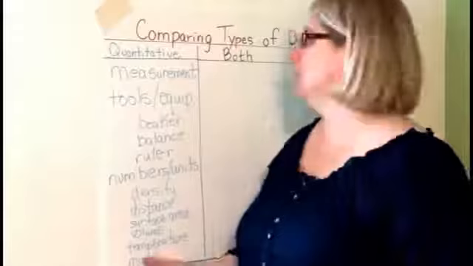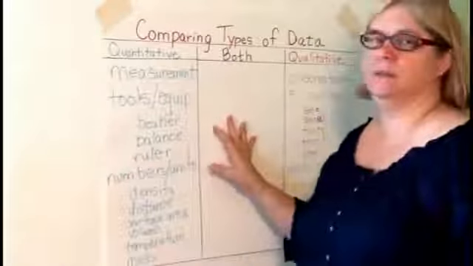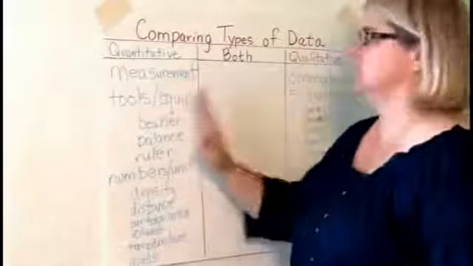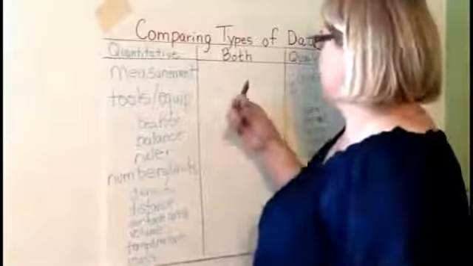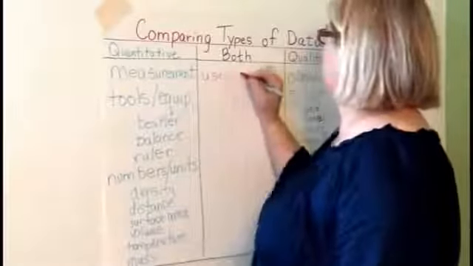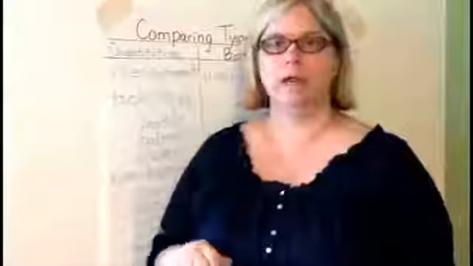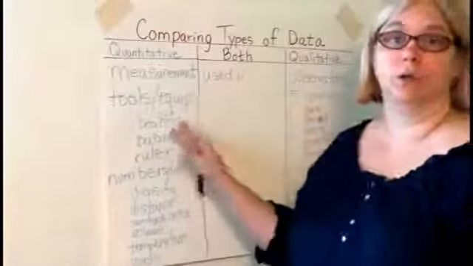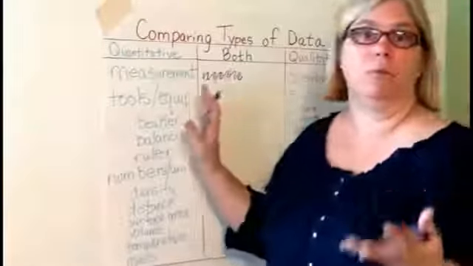Now let's look at how these types of data, this type of data collection is similar. Both of these types of data are important in science, and that's the first thing. They're used by scientists. All right, now let's look at how these two are similar. The most obvious one probably is that they're important in science.